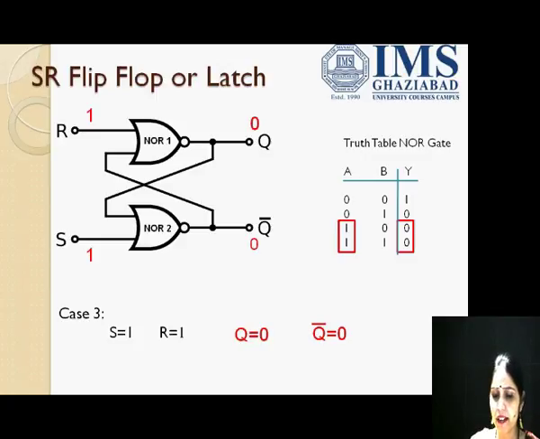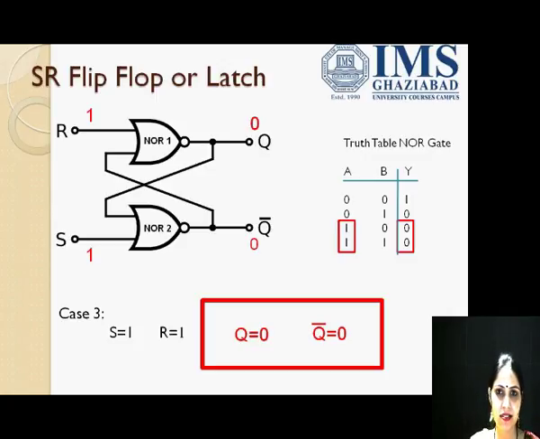Q and Q bar cannot be 0 at the same time. That means this result is unacceptable and impossible, so we don't use this particular condition with SR flip-flops. The condition S equal to 1, R equal to 1 is never used with SR flip-flop, and it's a limitation for SR flip-flop.